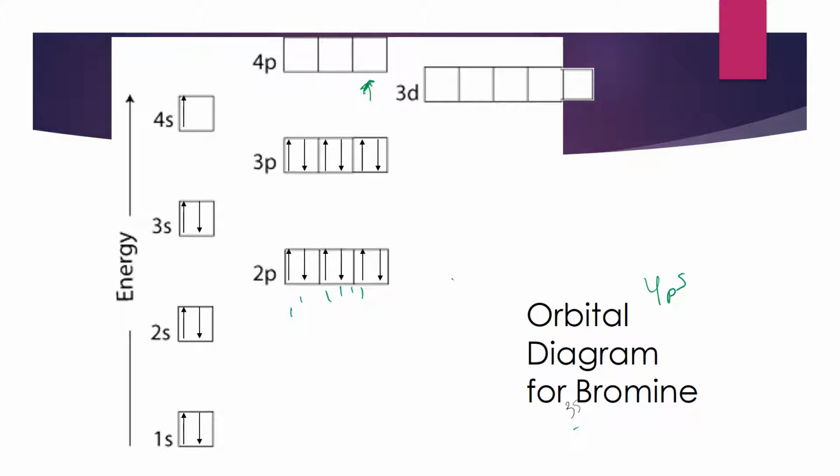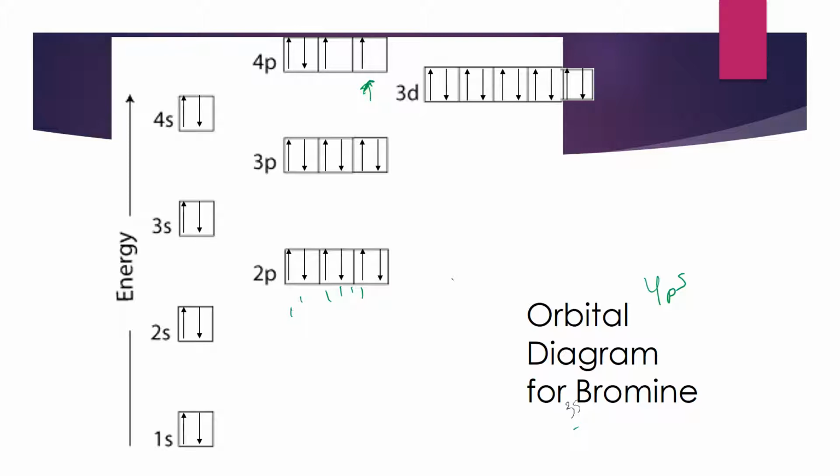Then it goes to the 4s1, 2, and then it goes to 3d, and still follows Hund's rule, so 1, 2, 3, 4, 5, and then back, 1, 2, 3, 4, 5, for a total of 10, and then finally, remember, it ends on 4p5, so we go 1, 2, 3, 4, 5, and there's bromine. It's long. I know it's long. I'll show you a shortcut later, but for right now, we're going to deal with the long one.